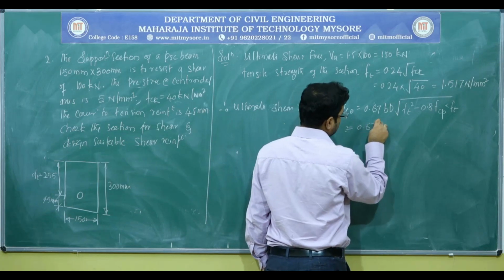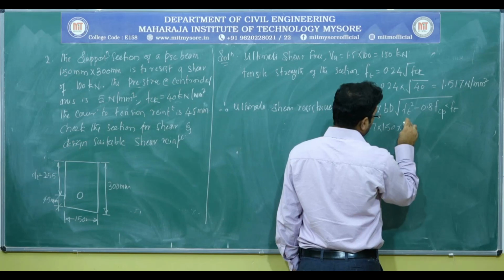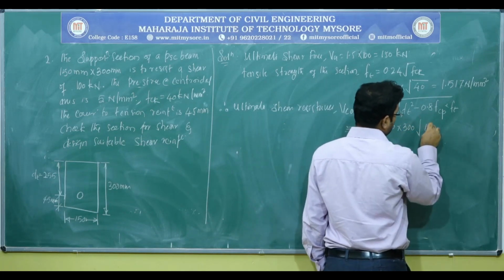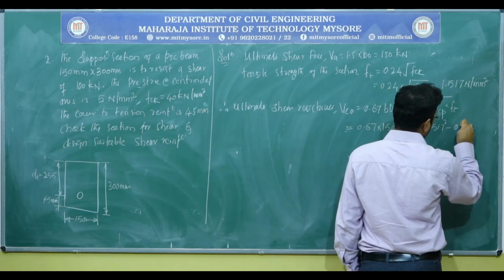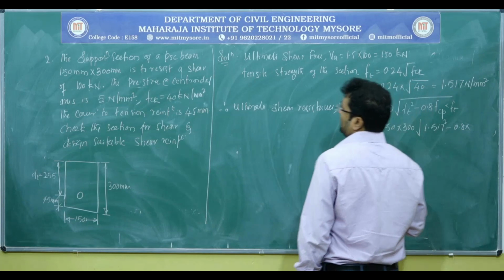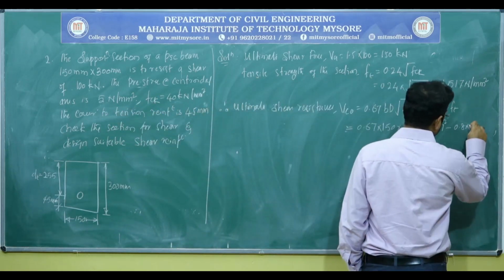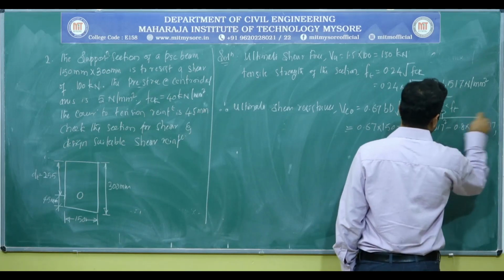So here 0.67 into b is 150, overall depth is 300 into 1.517 whole square minus 0.8 into fcp. I think fcp is given, it is 5 newtons per millimeter square. So it is 5 into 1.517.